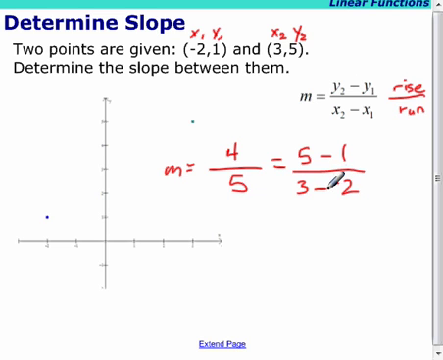Oh, two negatives. I can see some problems there. Be careful with those. Simplifying, 5 take away 1 is 4. 3 take away a negative means I add, 3 plus 2 is 5. And it comes up with the same thing that I achieved just by determining how far I have to rise and how far I have to run from one point to another. So that's one typical question for finding some information about a linear function, specifically slope.